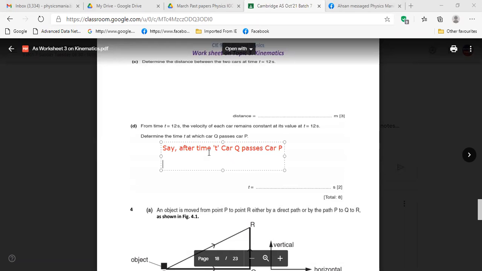By that time Q is going 84 meter more than P, right? That's why it can touch it.